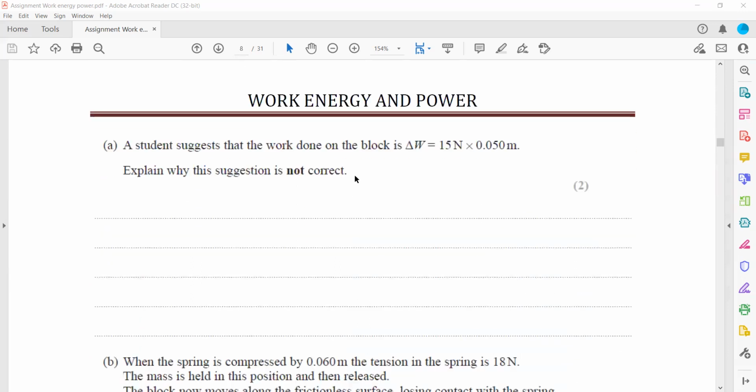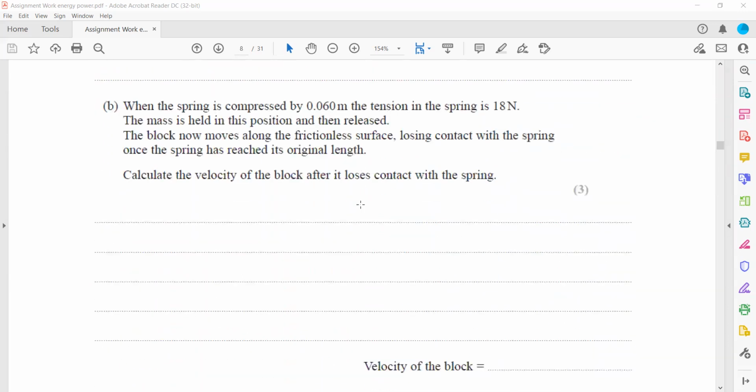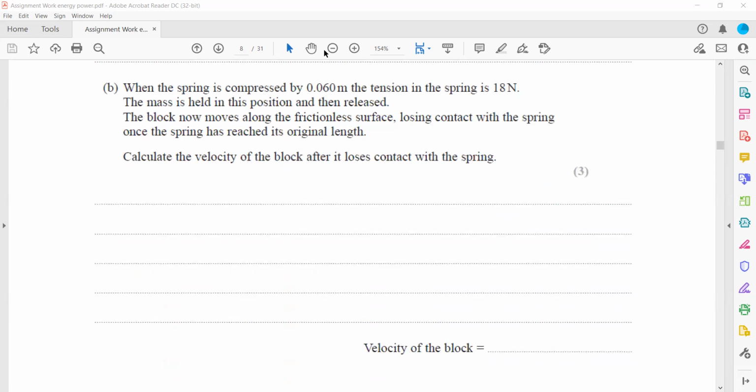Then the next part: when the spring is compressed by 0.06, the tension in the spring is 18 Newton. The mass is held in this position and then released. The block moves on the frictionless surface.